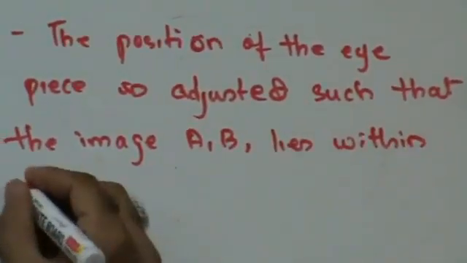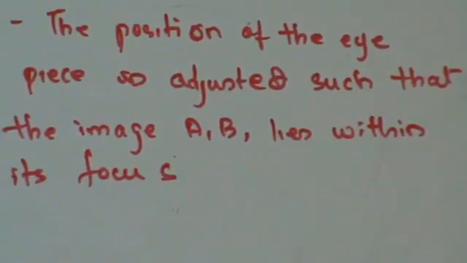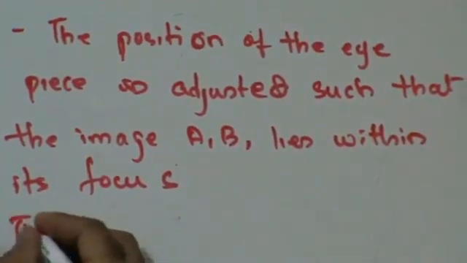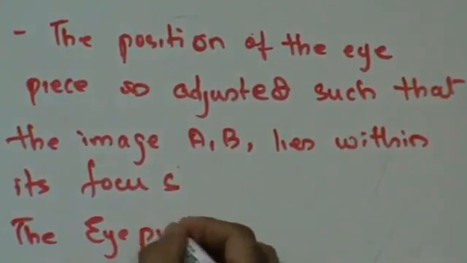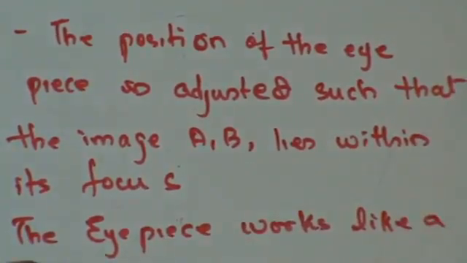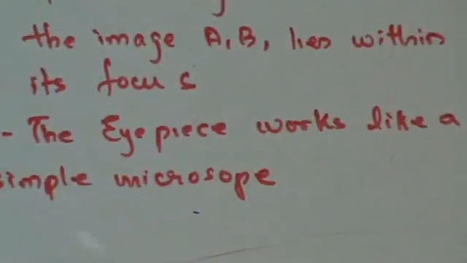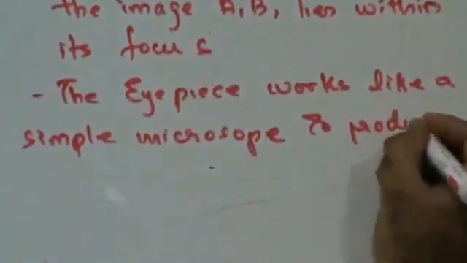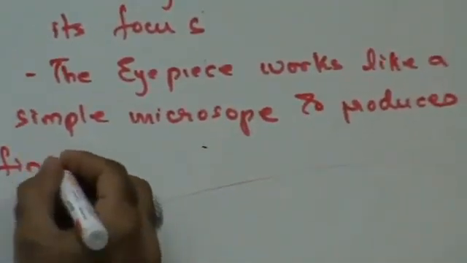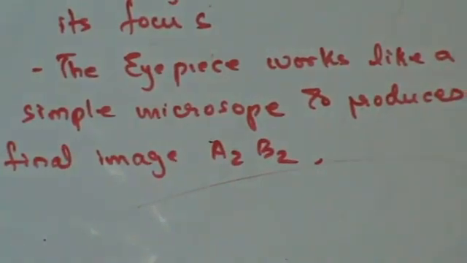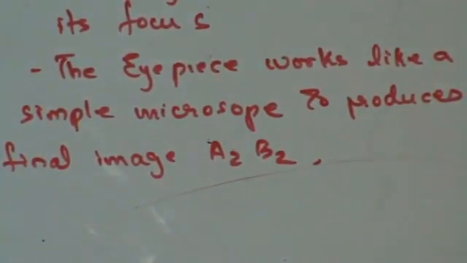Fine. Now the eyepiece works like a simple microscope and produces the final image A2 B2. Fine. Okay. Now that was the working of the compound microscope.